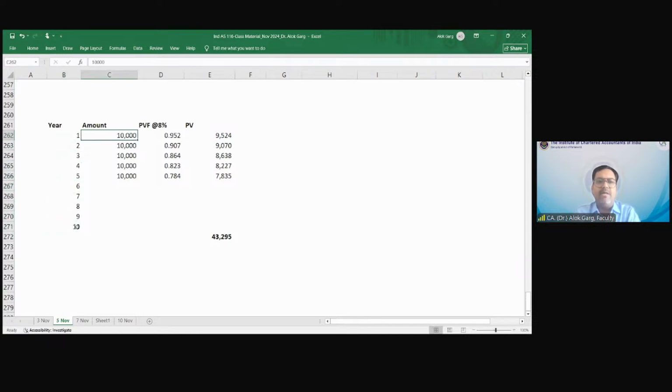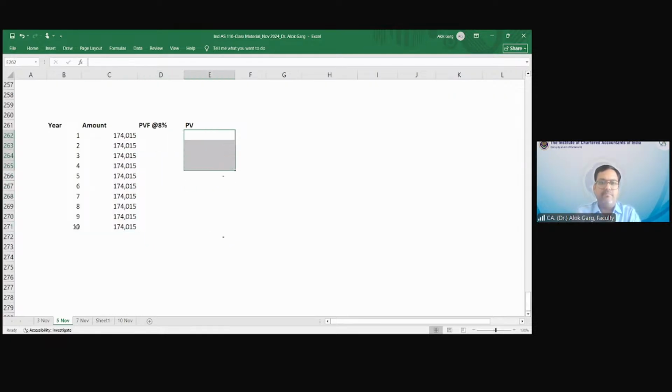What is the amount per annum? 174,015. What is the discount rate for the first year? Because the cash flows are at the end, it is 1.08. Divide by 1.08.